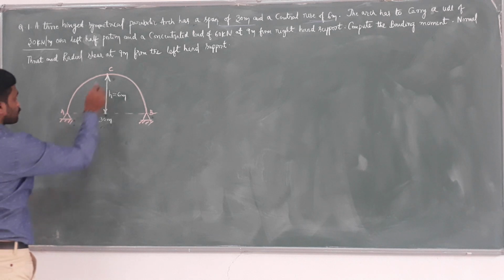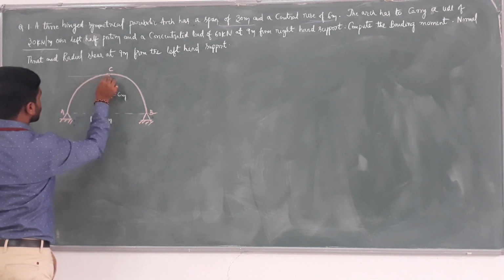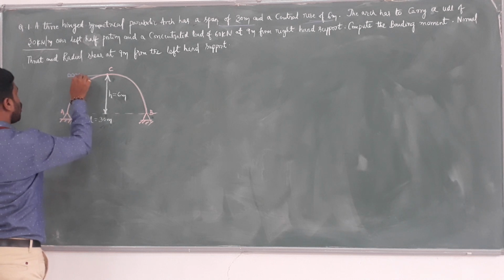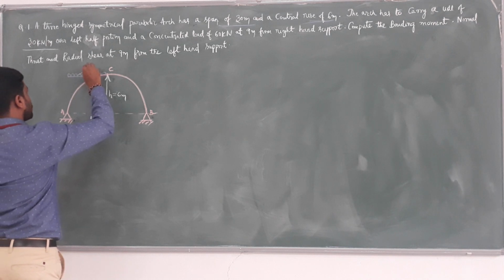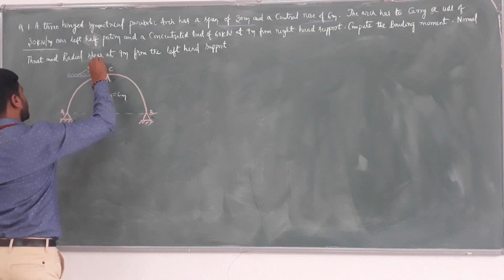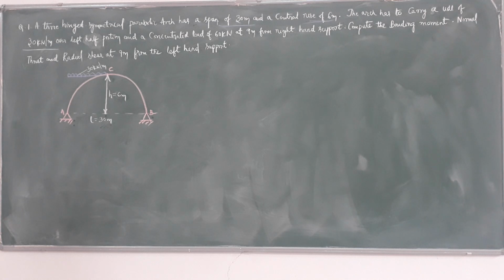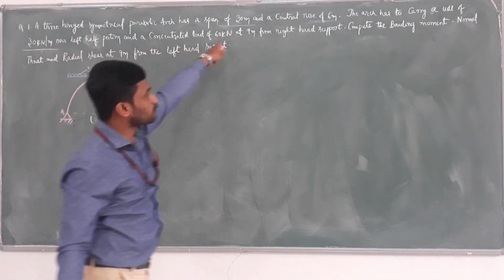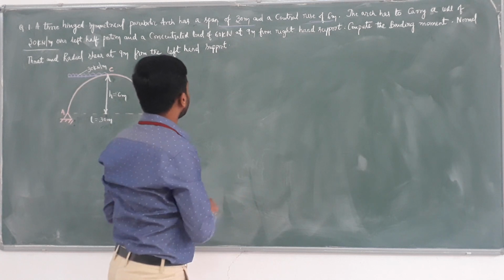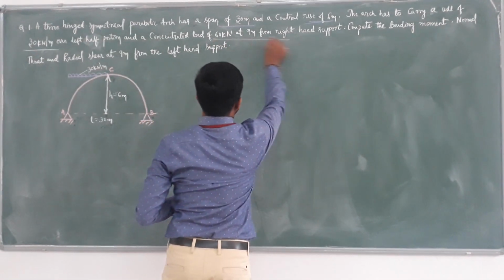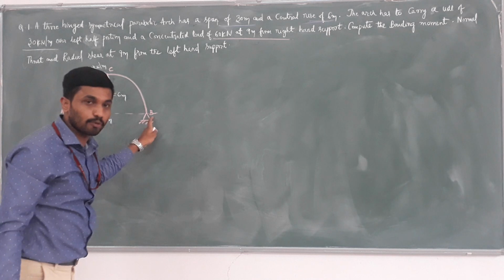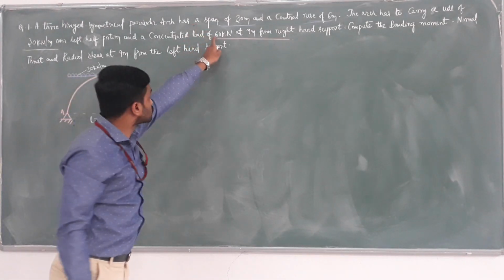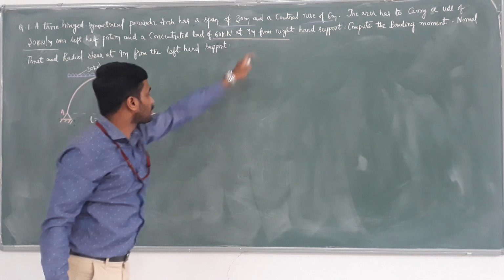If you consider exactly the left half portion, the arch carries a UDL of 30 kilonewton per meter, and a concentrated load of 60 kilonewton at 9 meter from the right hand support. If this is the left support, this is the right hand support.